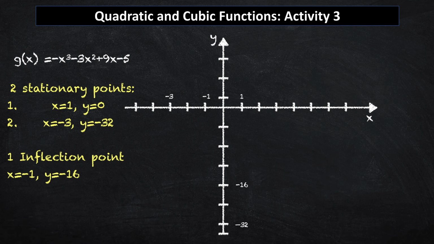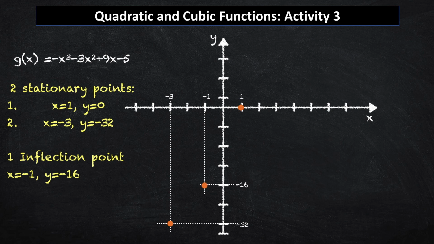So the first stationary point is for x equal 1, y equal 0, so it is this point here. Then we have the second stationary point that is for x equal to minus 3, y equal to minus 32, so this point here. And then we have one inflection point which is for x equal to minus 1 and y equal to minus 16, so it's this point here.